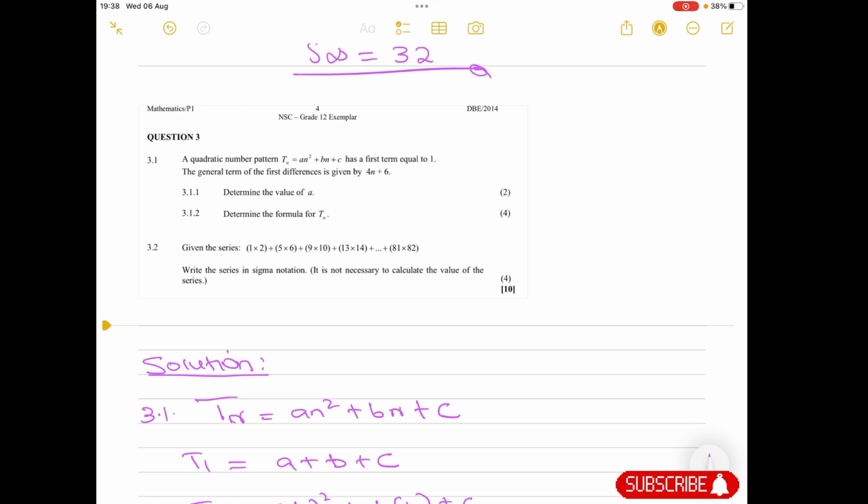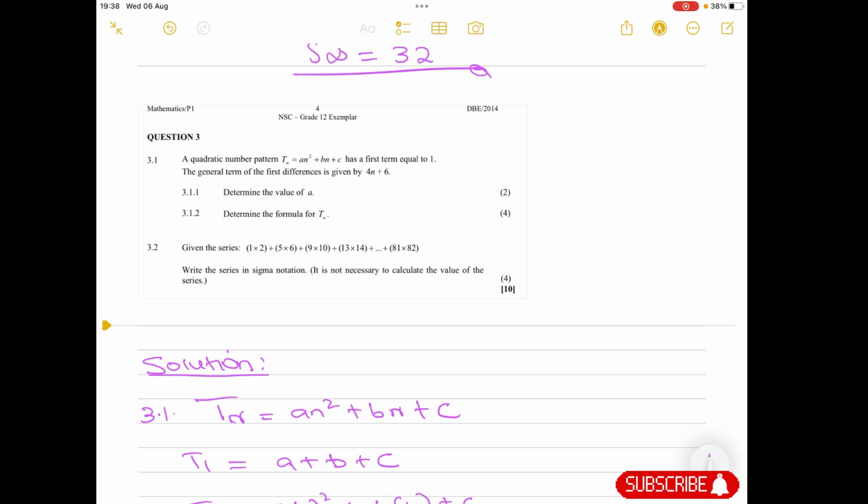So I'm required to write the series in sigma notation. And I'm told that it is not necessary to calculate the value of the series. Okay, so I have to write it in sigma notation, but I don't have to come up with the complete solution for it. Okay, how am I going to write this?